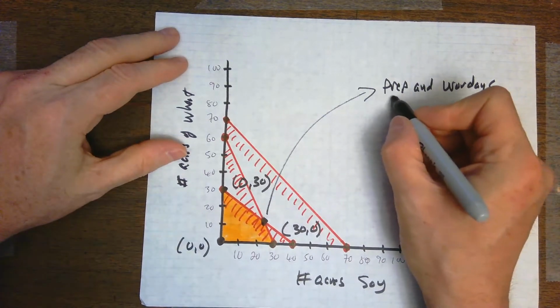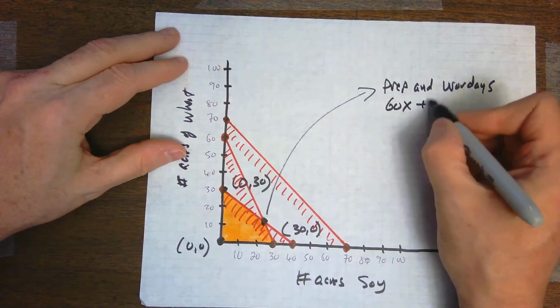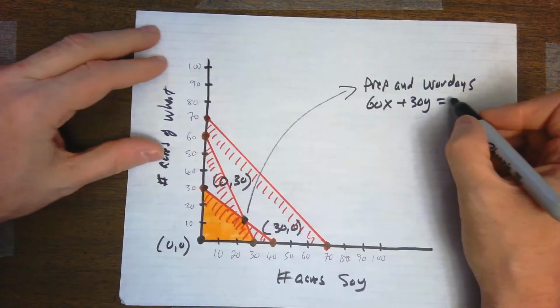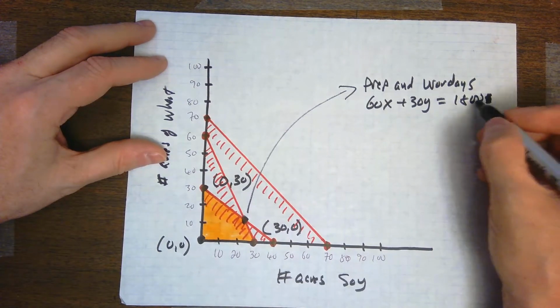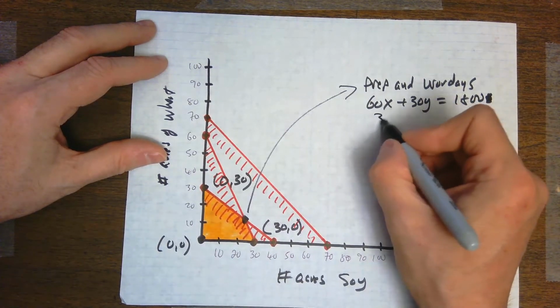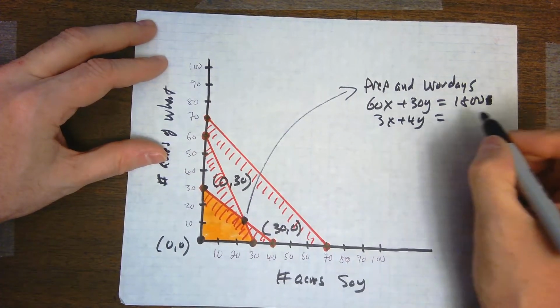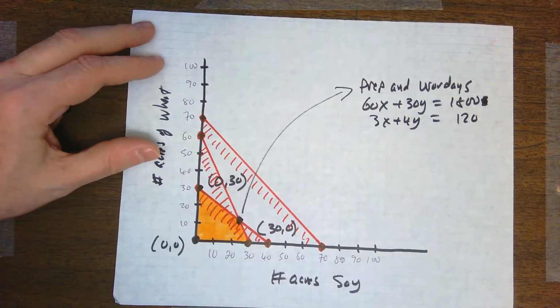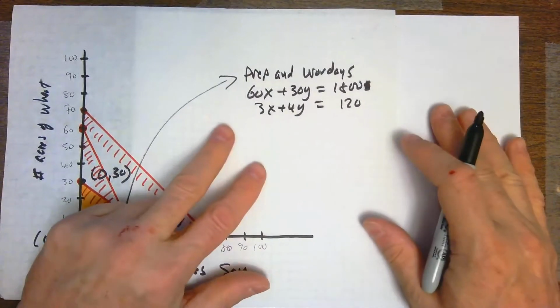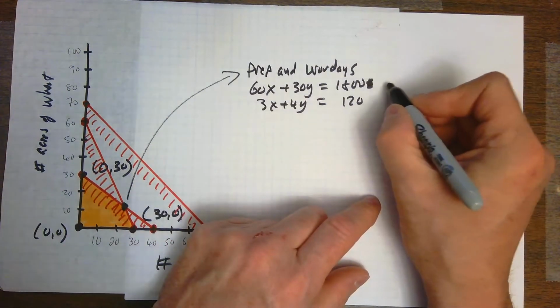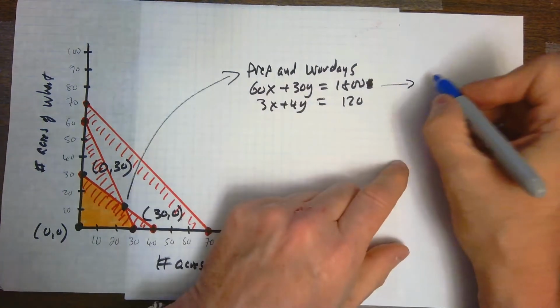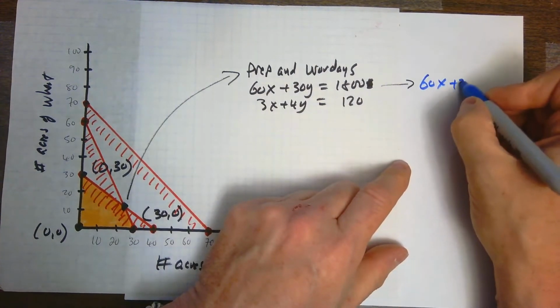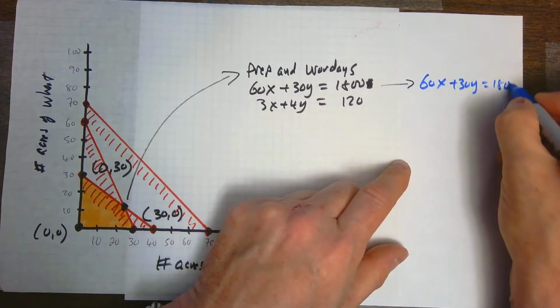Now prep was 60x plus 30y, and I'm going to make it an equation equals 1800. And work days was 3x plus 4y equals 120, and I need to solve that little system. All right, here we go. So I'm going to leave that equation alone. And I get 60x plus 30y equals 1800.